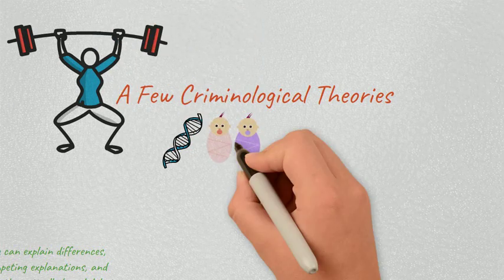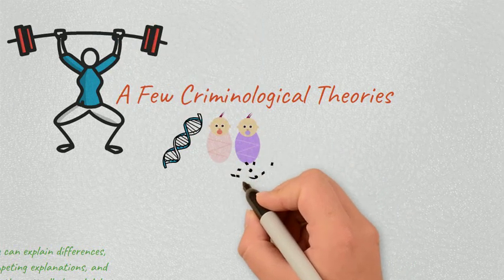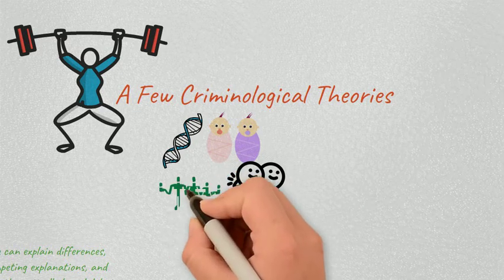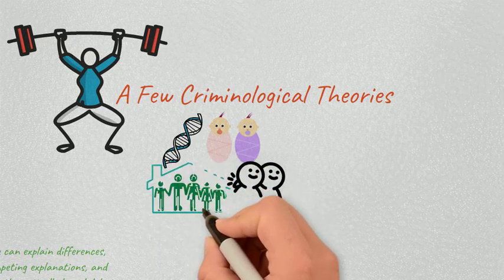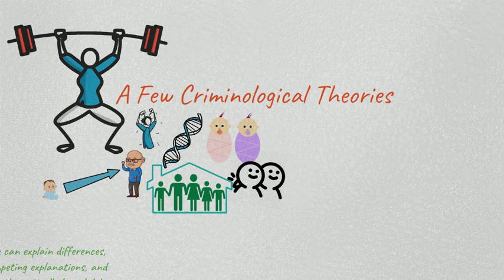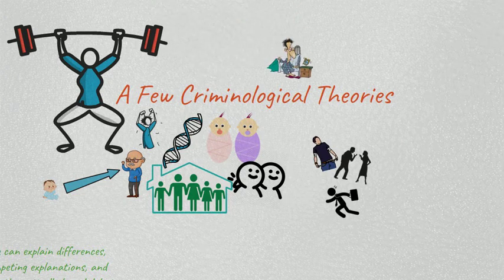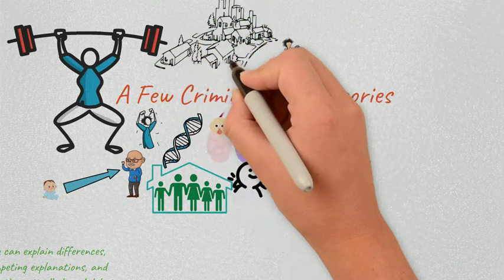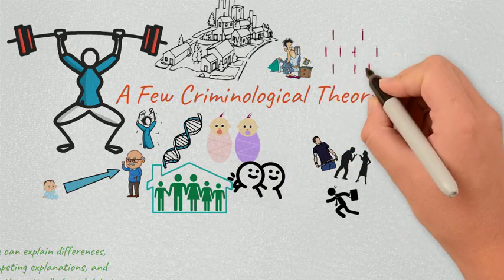There have been some socialization theories such as differential association, differential organization, labeling, life course developmental, self-control or general theory of crime, reaction theories like Merton's strain and anomie, cultural and subcultural theories, community level theories like routine activities, opportunity theory, and social organization or disorganization.